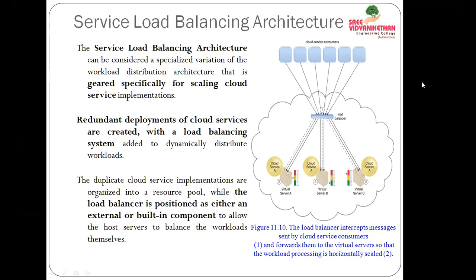But this architecture aims to properly balance exclusively the service load only. It doesn't bother about other kinds of workloads. You can call this a child of workload distribution architecture, but its functionality, its arrangement and its aim are a little bit different from that.